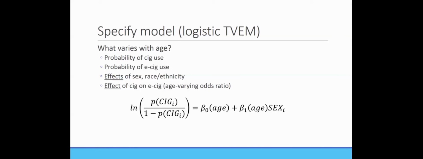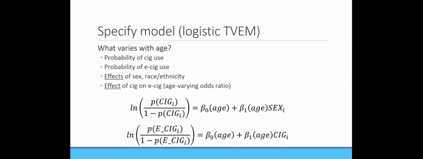And we believe that the effect of sex, the sex differences, or the rate of use across sex groups might vary with age. So we specify both coefficients to vary with age. Here's another example of predicting e-cigarette use from traditional cigarette use.